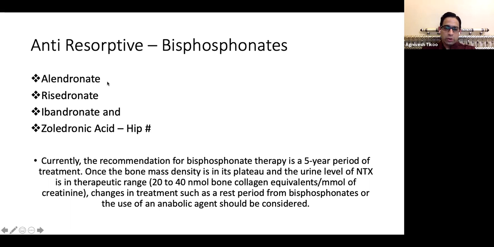One is osteonecrosis of the jaw, which means that the jaw may have an unhealing ulcer or anything over there. So after 3 years, you can get a yearly dental examination done or ask the patient to report if anything is like that. And atypical subtrochanteric fractures are also known to be caused by these anti-resorptives. So after 5 years, it's recommended to give a drug holiday.